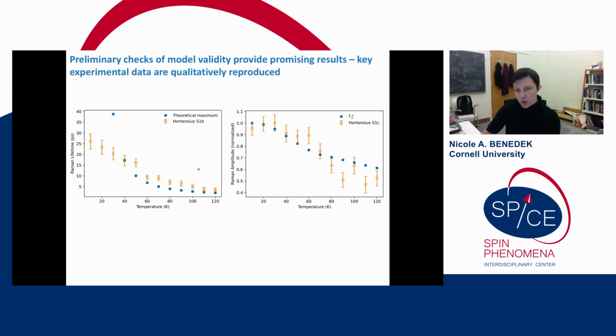And the plot on the right compares a normalized amplitude for that mode as a function of temperature with the data from experiments. In both of these cases, I think we're capturing key qualitative trends. So this gave us confidence that our model is giving us sensible results.